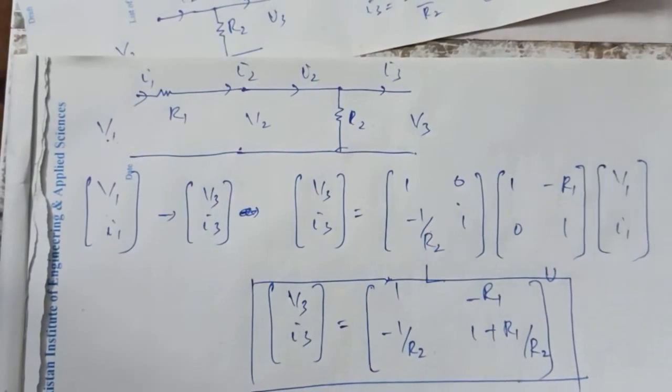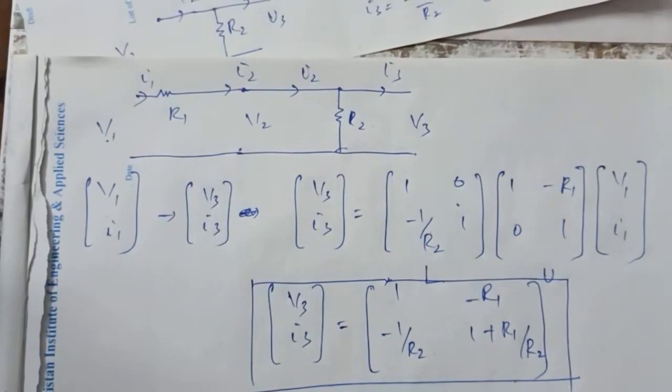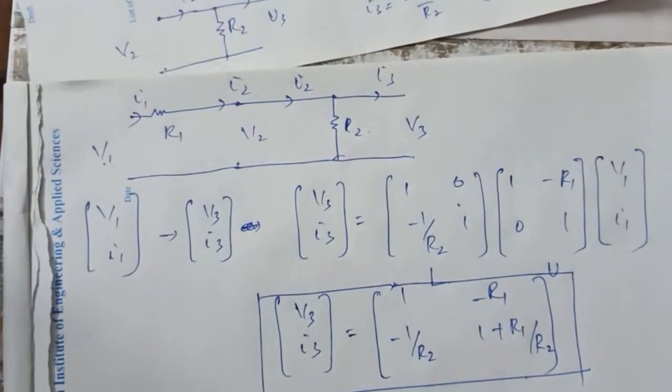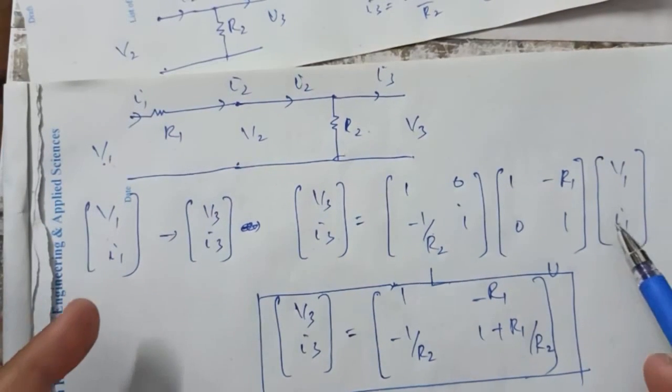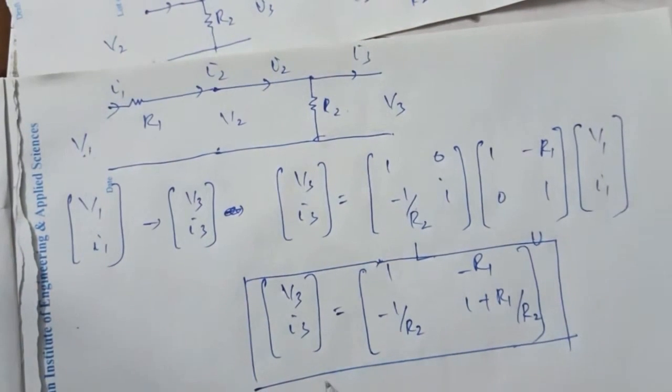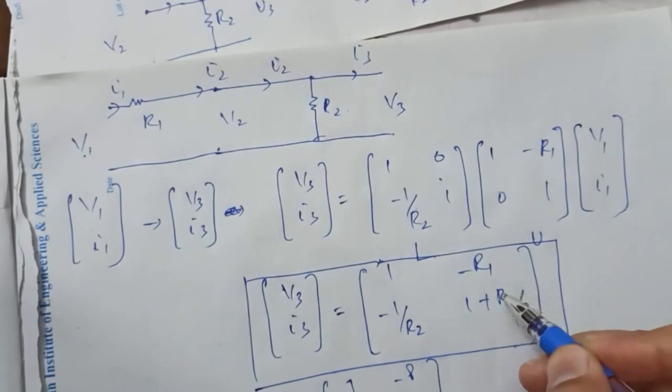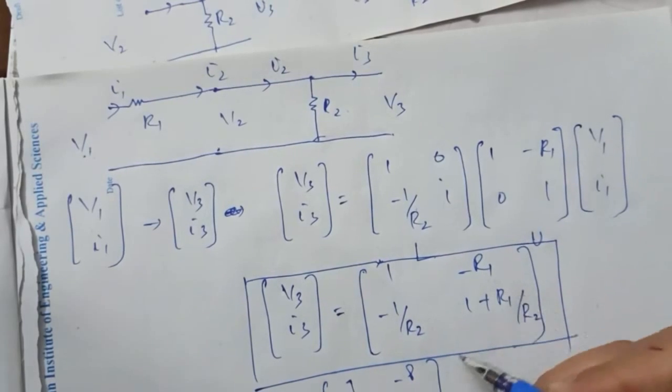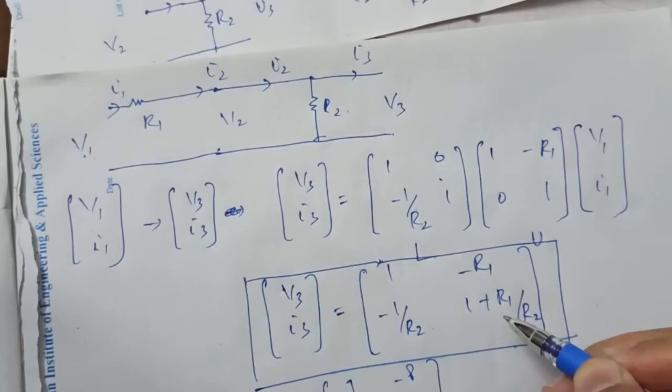Now let's say, for example, we want a desired characteristic from V1 to V3 of 1, minus 8, minus 0.5, and 5. We can compare the corresponding entries in this matrix and calculate the values.